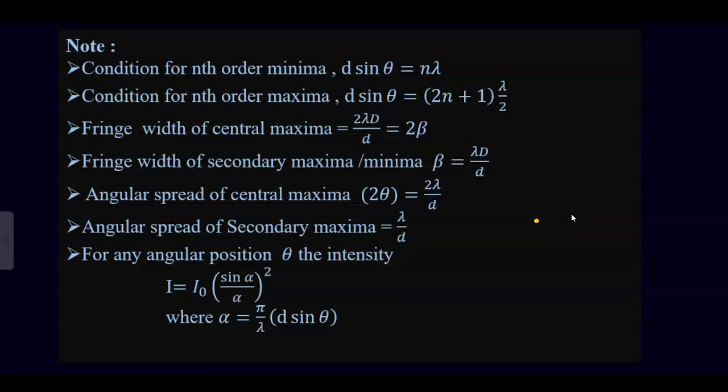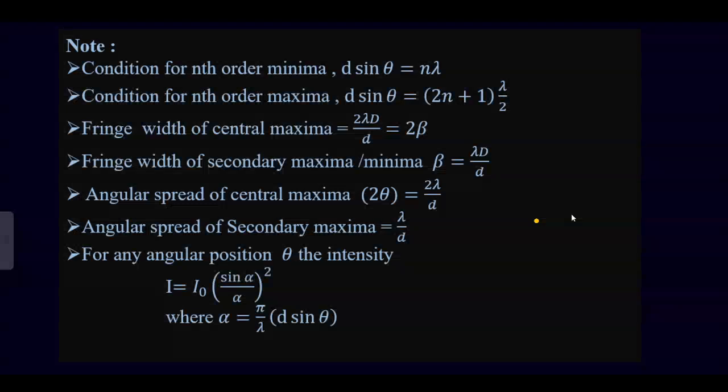Now in diffraction, when you come to the diffraction formulas and the YDSE formulas, do remember that the maxima formula of interference, that is YDSE, becomes the minima formula in diffraction. The minima formulas become maxima formulas, keep in mind.